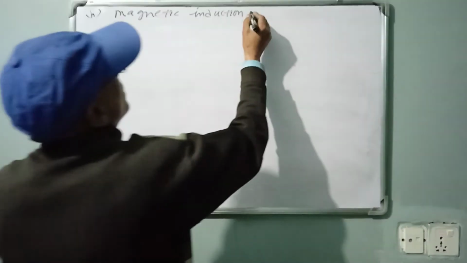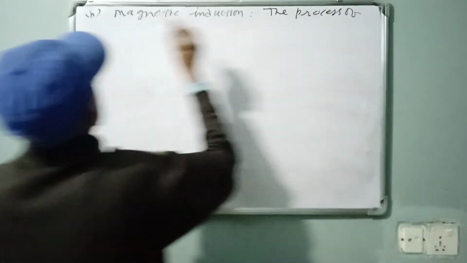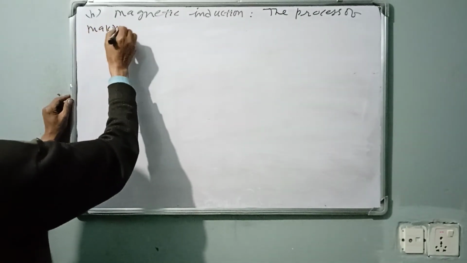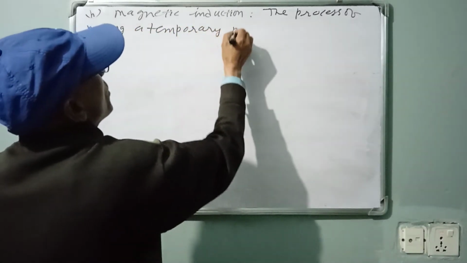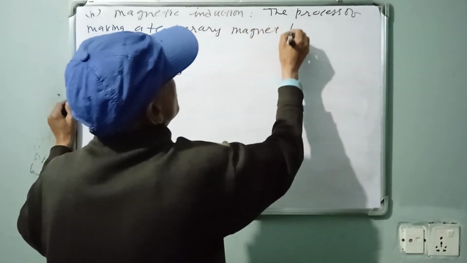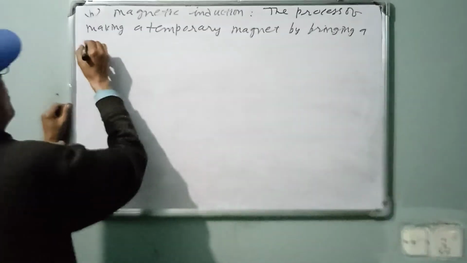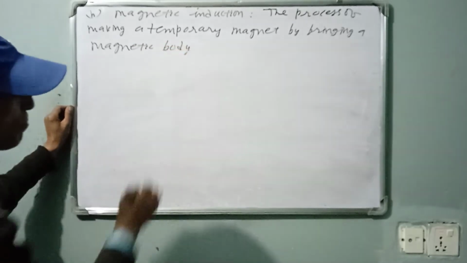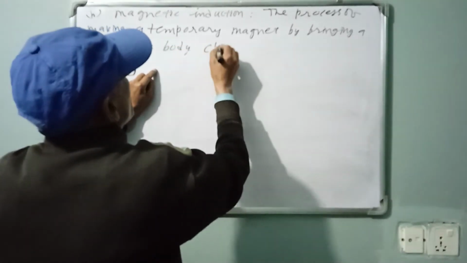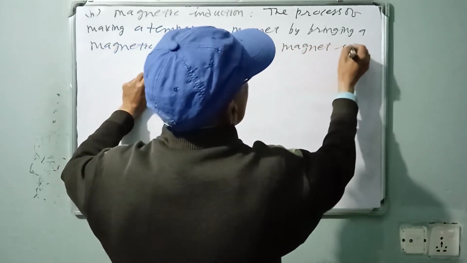Magnetic induction is the process of making a temporary magnet by bringing a magnetic body close to a magnet.